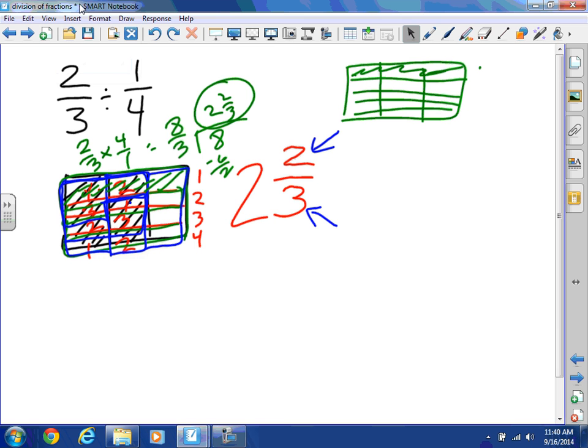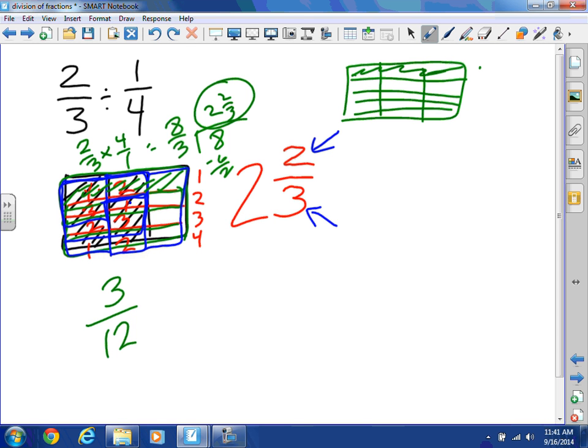Okay. It's saying I want circled groups of 1/4 in the 2/3. If I circle 3 pieces here, 1, 2, 3 pieces out of the total number, which is 12, what is that fraction that I circled?